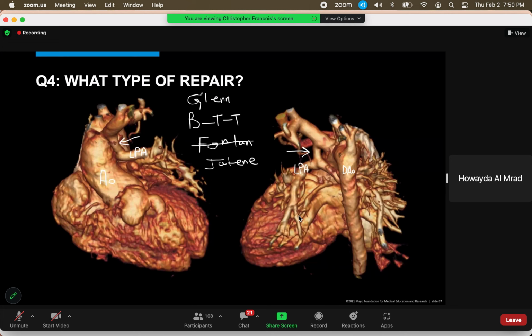So this is a Blaylock-Taussig Thomas shunt where we connect, most often, the left subclavian artery to the left pulmonary artery. In this case, the patient has a right-sided aortic arch, and so the first vessel off the arch is the left brachiocephalic, and so they created a shunt connecting the left brachiocephalic to the left pulmonary artery.